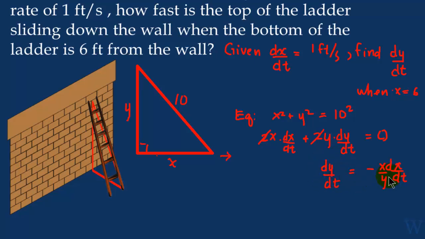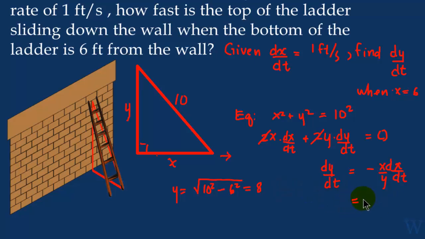Now it says when x is 6, we can plug the 6 there, we can plug in the value for dx by dt, but what is y? To find y, we solve for y using the Pythagorean theorem when x is 6. So this is the square root of 10 squared minus 6 squared, which is 100 minus 36, 64. Take the square root of 64, that gives us 8.